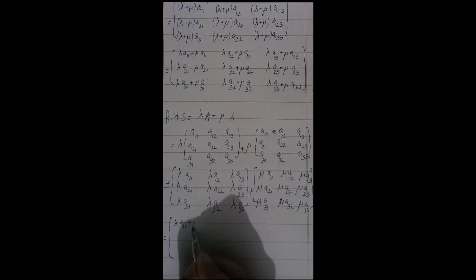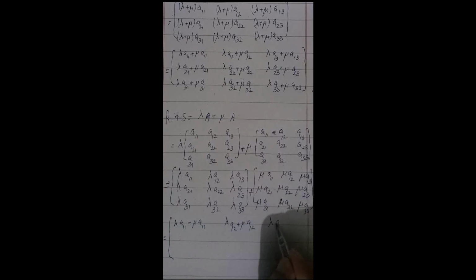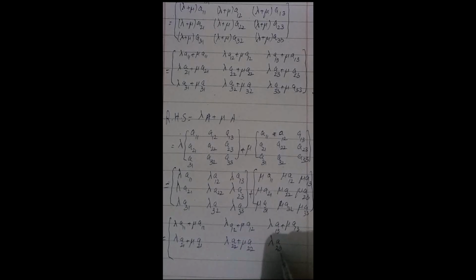Now we add the two matrices, this one and this one, and we get, adding the corresponding elements, lambda A11 plus mu A11, lambda A12 plus mu A12, lambda A13 plus mu A13, lambda A21 plus mu A21, lambda A22 plus mu A22, lambda A23 plus mu A23.